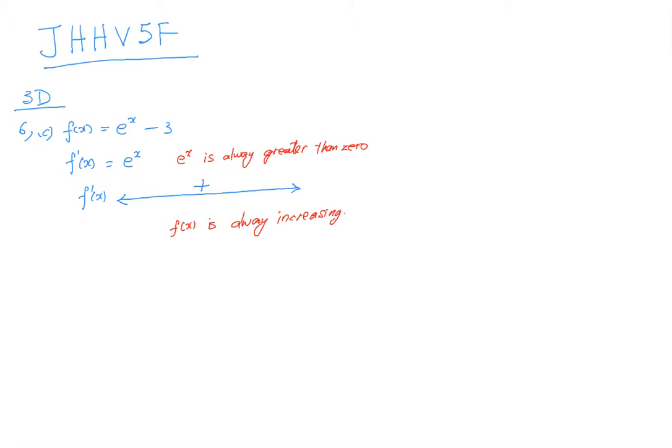Okay, then f double prime x is also e to the power x. So the f double prime x sign diagram will be always positive also. So this implies that fx is always convex.